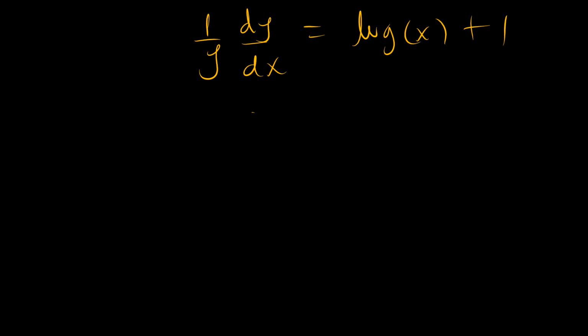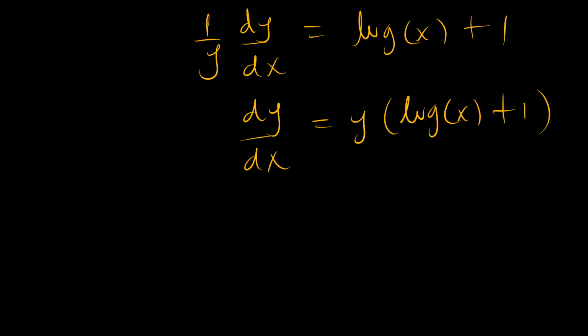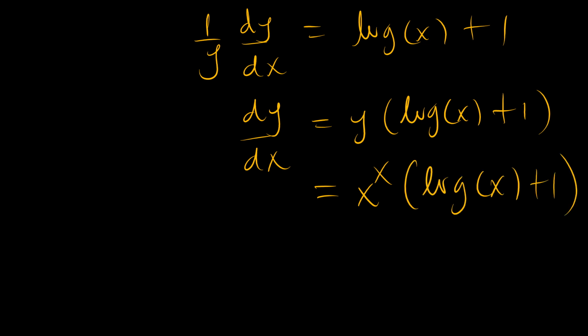So in other words, 1 over y dy dx is equal to log of x plus 1, and so dy dx is equal to y times log of x plus 1, which is x to the x, since y is x to the x, times log of x plus 1. So this is important to note.